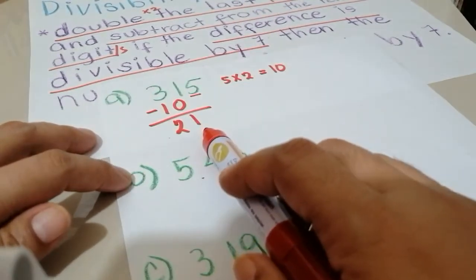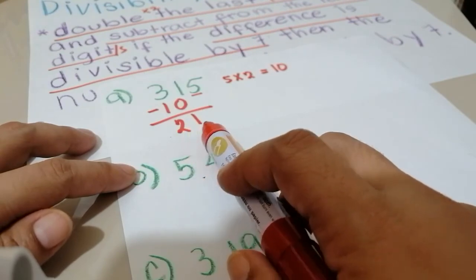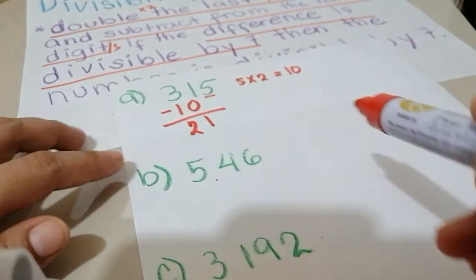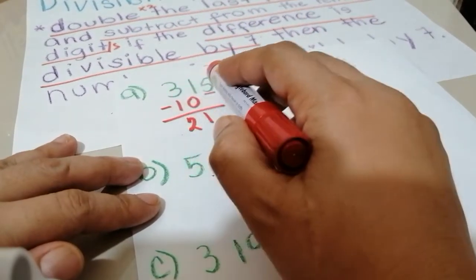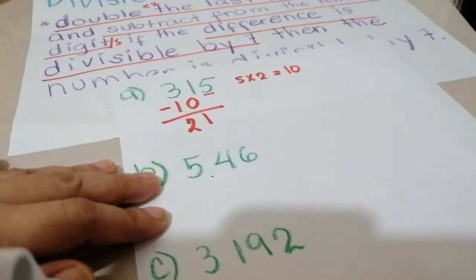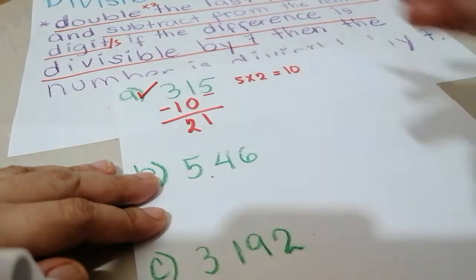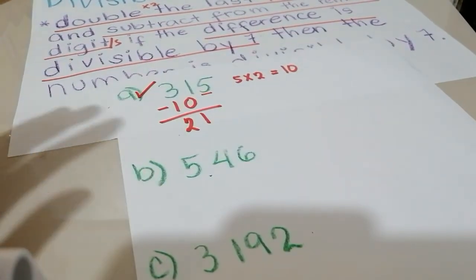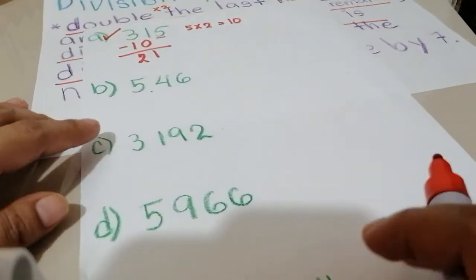At dahil yung 21 ay divisible by 7, we say that 315 is also divisible by 7. Okay, so divisible siya by 7.